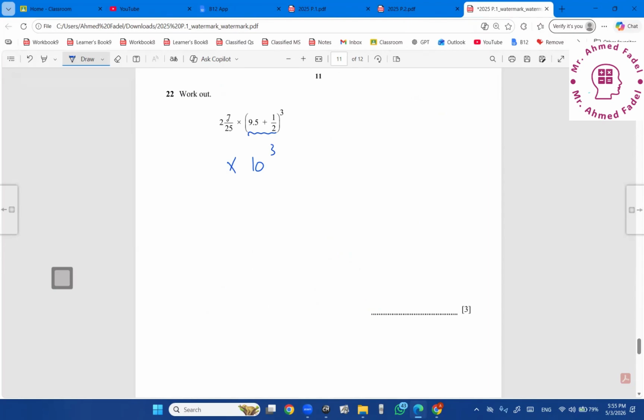Convert it into a decimal, going to be much easier. You can easily do that by multiplying here by 4 and multiplying here by 4. So it is going to be 2 and 28 over 100, which is 2.28 multiplied by 10 to the power of 3. This is going to give you 2280.